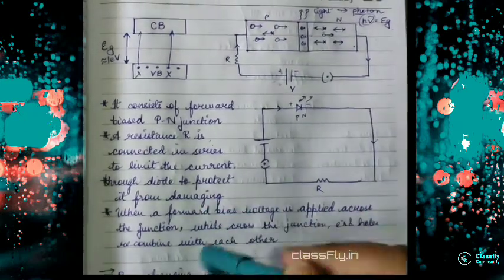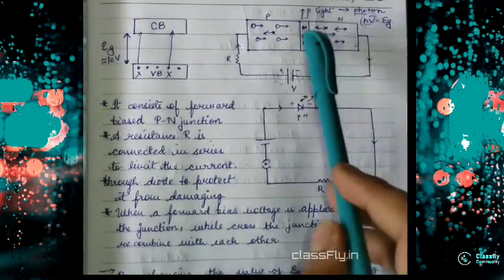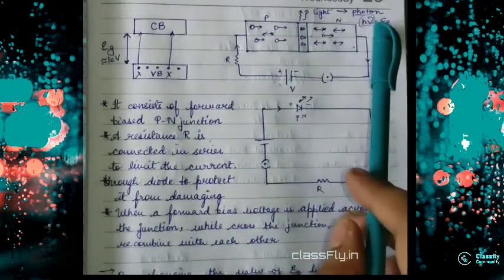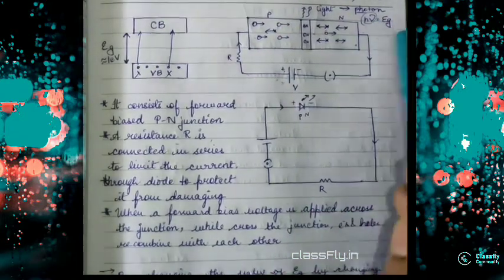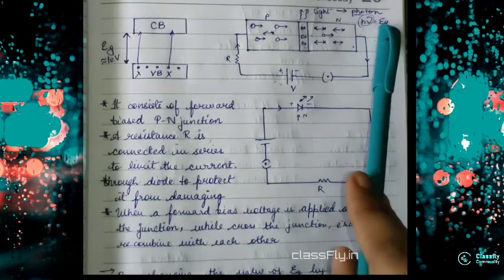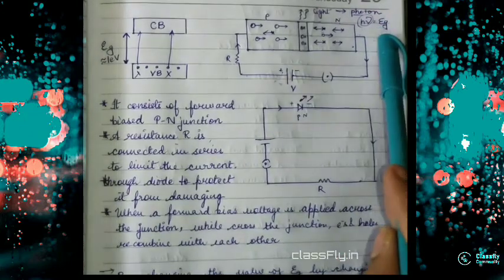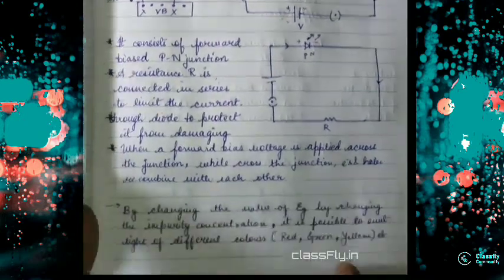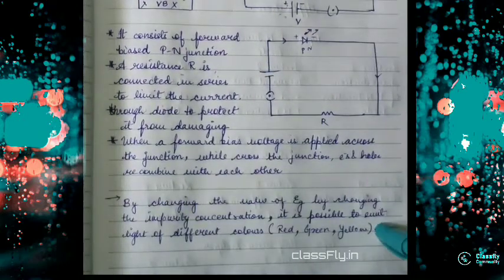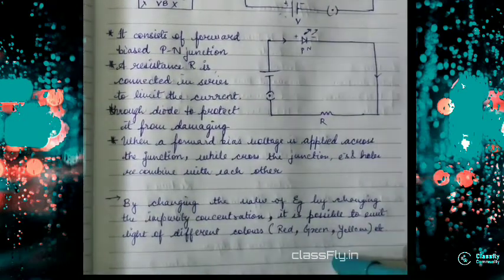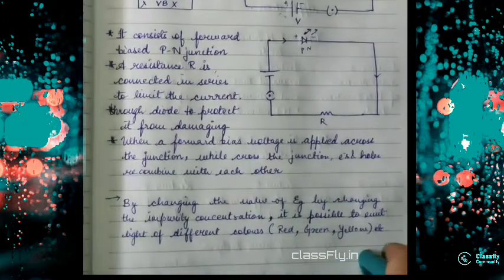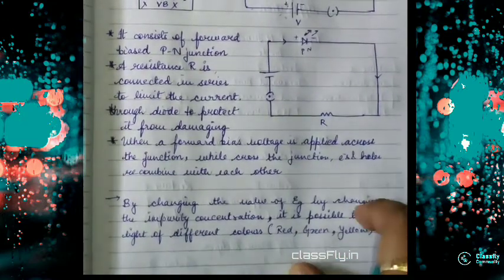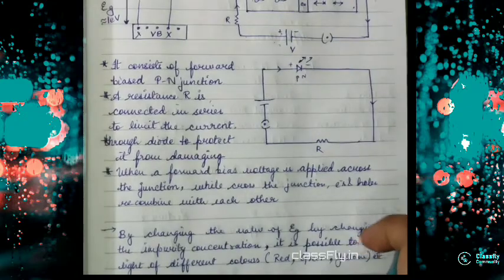And as I told, the energy generated is h nu equal to Eg. If we change this value of Eg and also change the impurity concentration, we can easily get emitted light of different colors like red, green, yellow. So basically by changing the Eg, we can obtain those colors.